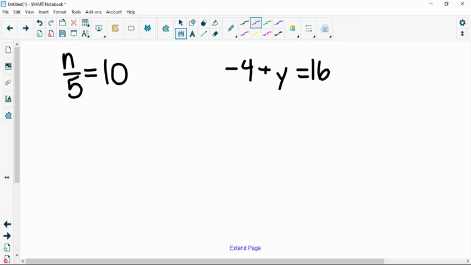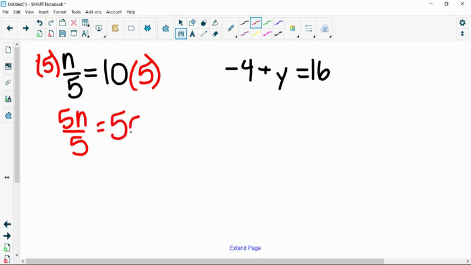For our first example on the left, it says n divided by 5, so the opposite would be to multiply. So I'm going to multiply 5 on both sides. What this ends up being is you'll have 5n over 5 equals 10 times 5 is 50.